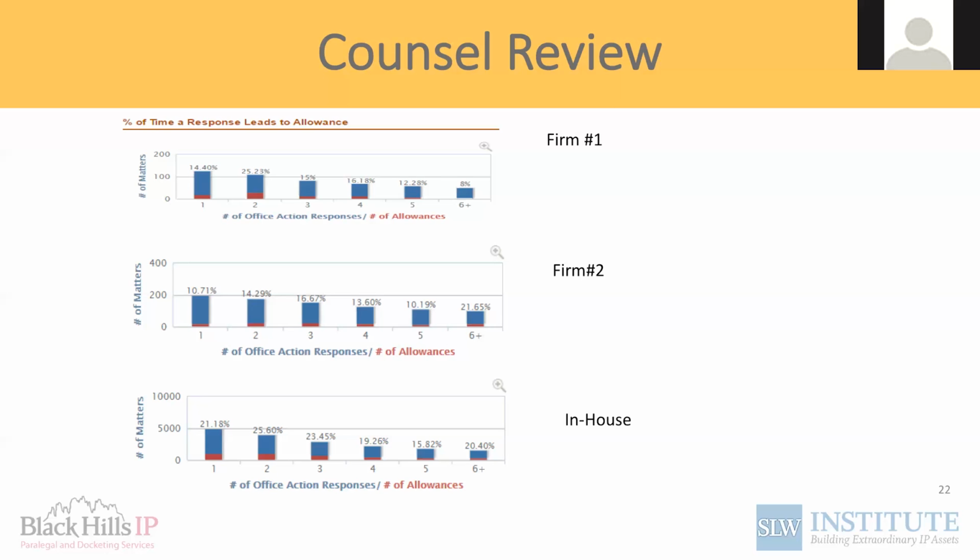Either they're handling very complex stuff that just takes longer to explain to the examiners, or they're kind of taking it easy on their office action responses and not really pushing too hard to get an allowance early on. So my biggest takeaway from this slide is we probably have to take a look at what's going on with firm number 2 and see if things need to get shored up a little bit.